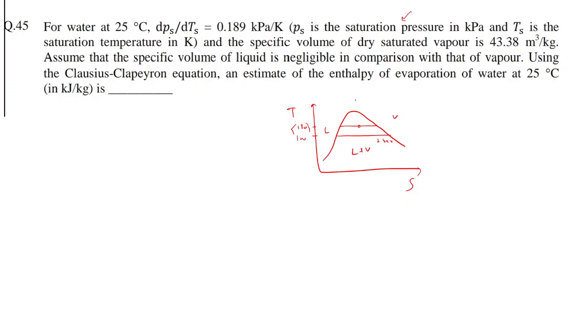Okay. So for that, which equation relates with the phase change? Can anyone tell? You know, enthalpy dH is equal to dU plus pdV plus Vdp, right? So dU plus pdV will become TdS, right?